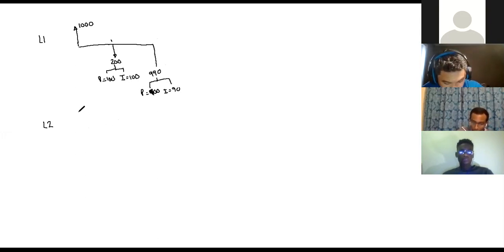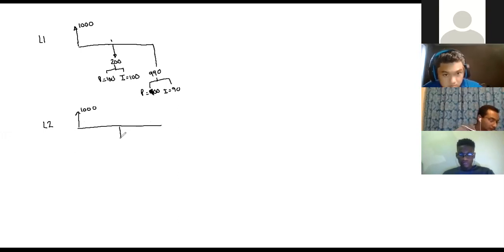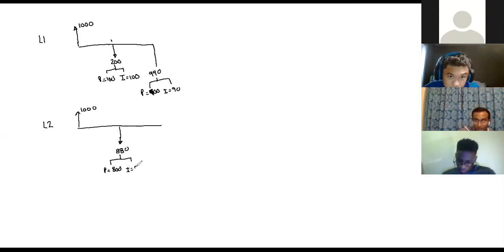And then you have another bank, basically the same amount of money. They can lend you the same amount of money. But then here you have a different structure. So at the beginning, you're going to return 880. From here, $80, principal is $800, and the interest equals $80.